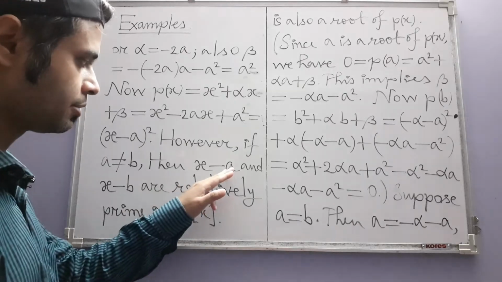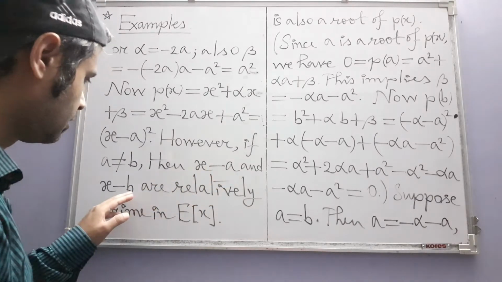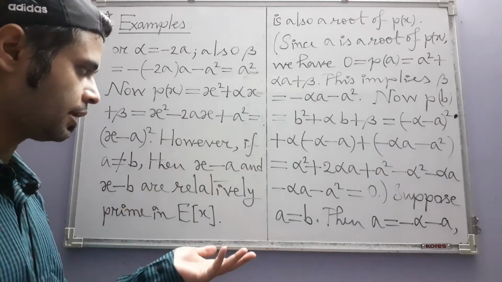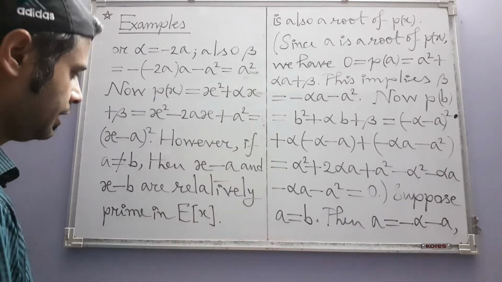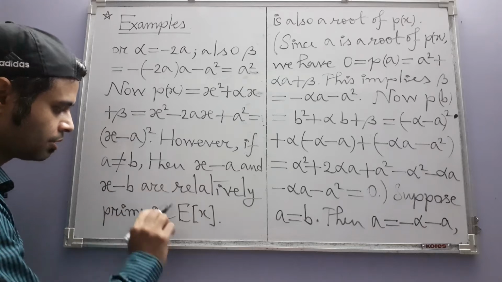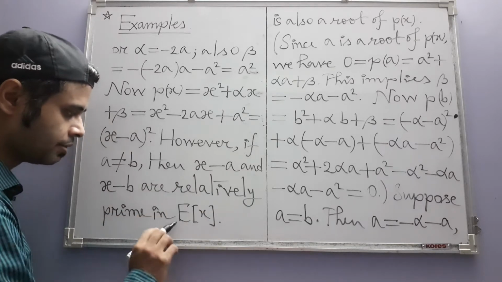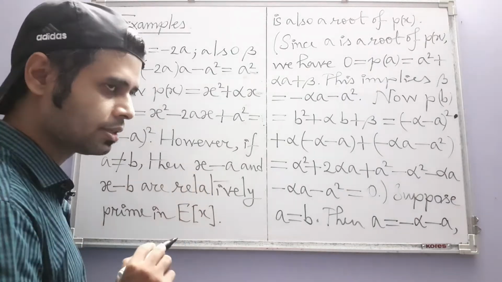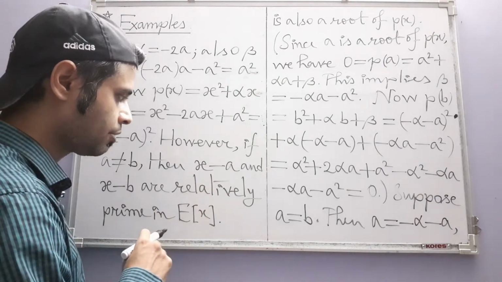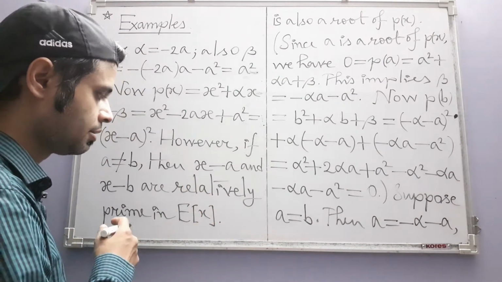Keep that in mind also, since we don't know whether any one of these two things, A or B, belongs to F or not. In general, they belong to E, so both of them are polynomials in this polynomial ring. Now, because each of these is a linear polynomial, so they cannot be further factorized non-trivially.